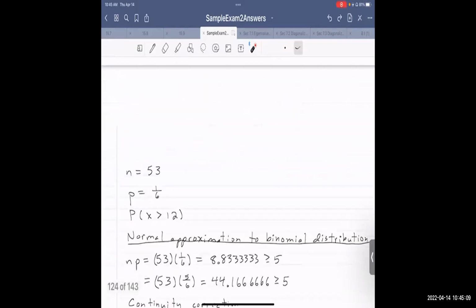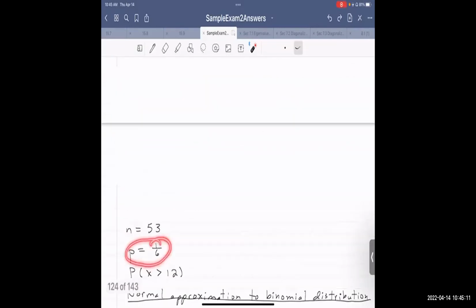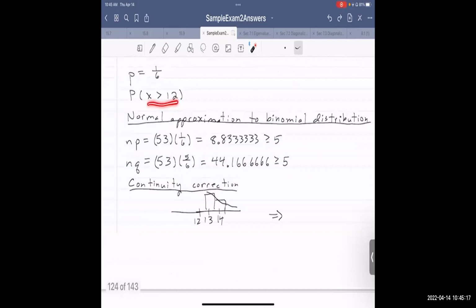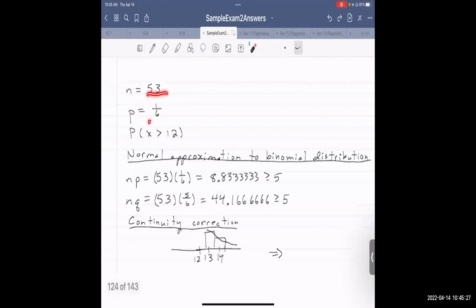And so the probability of success is 1 out of 6. And you want to find the probability that you get more than 12 of these successes. So let's check if the normal approximation to the binomial distribution is applicable. So n times p, 53 times 1/6, is 8.8333, which is greater than or equal to 5.